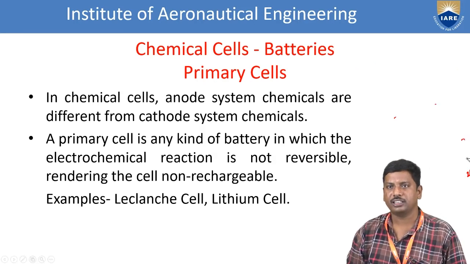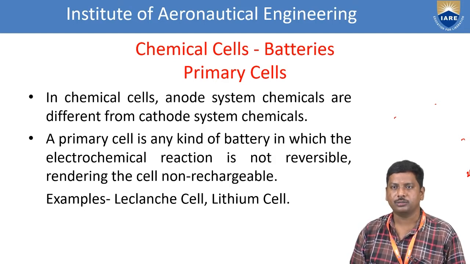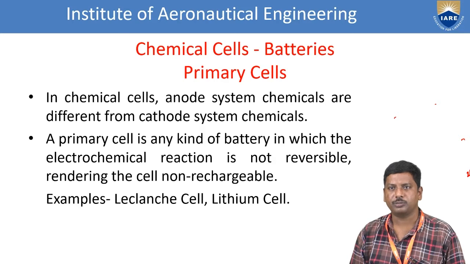Batteries are nothing but chemical cells, that means electrochemical cells. In these electrochemical cells, energy conversion is possible from chemical energy to electrical energy and electrical energy to chemical energy. But according to the definition of primary cells, only the forward reaction is possible. That means chemical energy converts to electrical energy, but not electrical energy into chemical energy. So these are called disposable batteries.